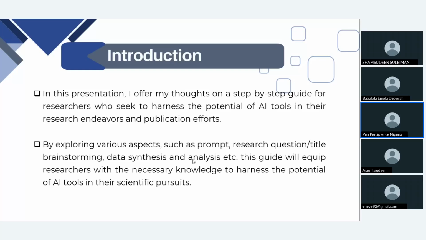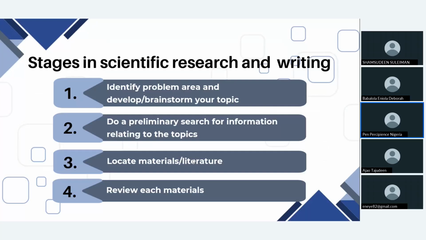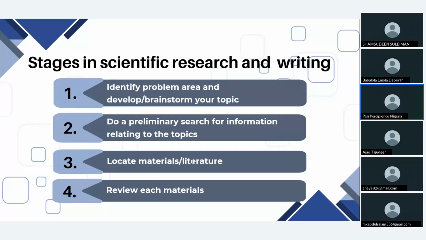Now, there are various stages in scientific research and writing. One is identifying problem areas and developing a topic. Another one is to perform preliminary research for information relating to the topic. Another one is to locate materials and conduct literature reviews.